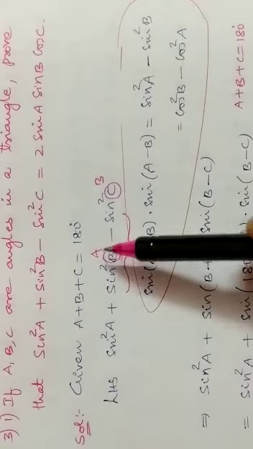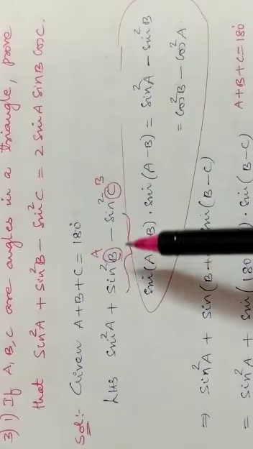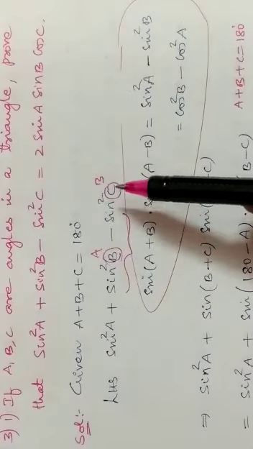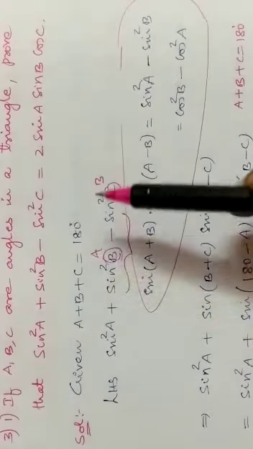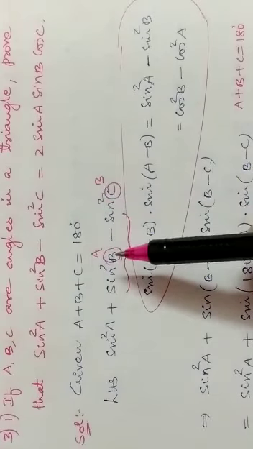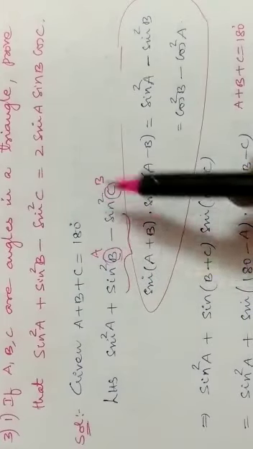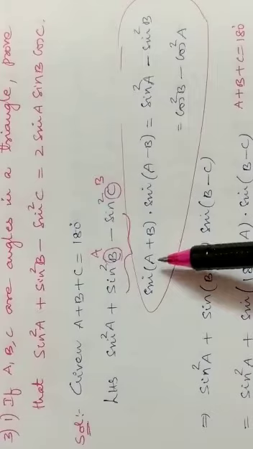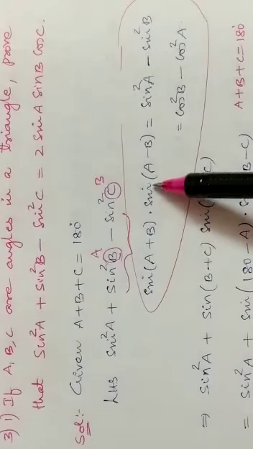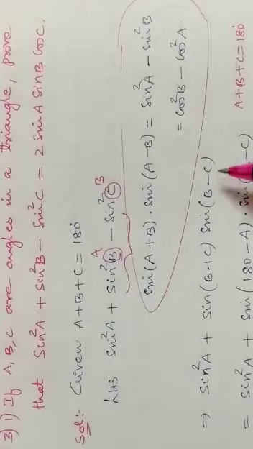In the formula you are having A and B. In the problem you are having B and C. So the formula is replaced with B and C instead of A and B. So I have to write sin B plus C sin B minus C.